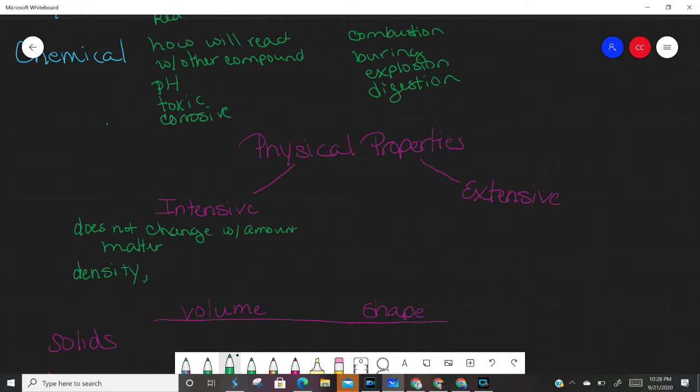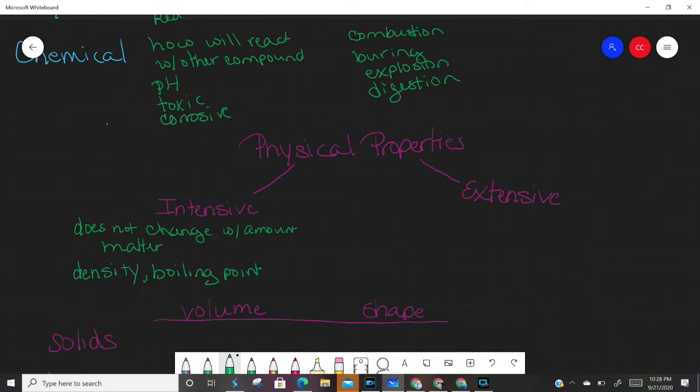Boiling point. For water or any liquid to reach the boiling point, whether I have a teaspoon or I have 6 liters, they still have to reach the boiling point. For water that's 100 degrees Celsius.